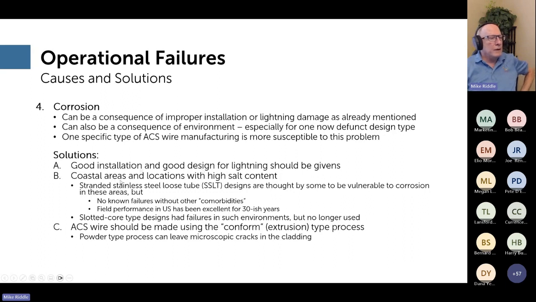coastal areas. A lot of people don't like the stranded stainless steel loose tube in high salt environments. The cable is thought to be more vulnerable to corrosion because of galvanic reaction. There are some reasons why that might not be happening theoretically.